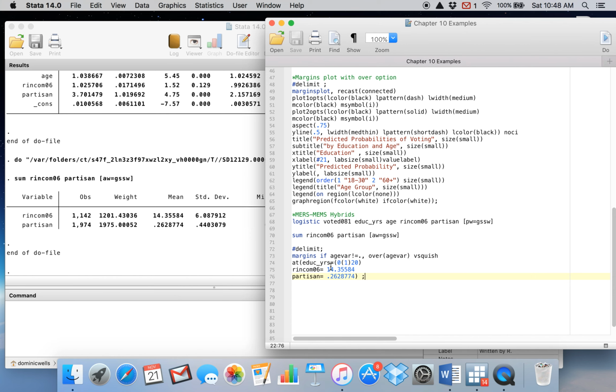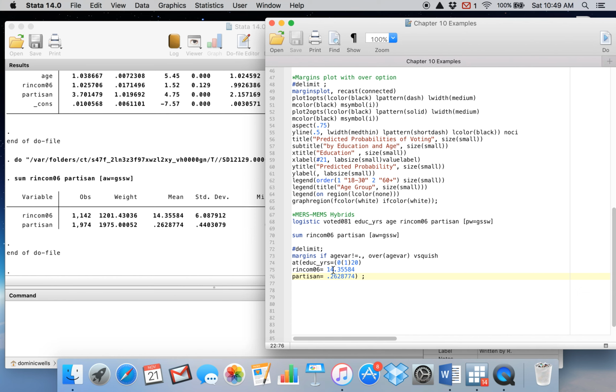At education years equals 0 to 20, so the full range of our scale in 1-year increments, and we're going to hold income and partisanship at their means.